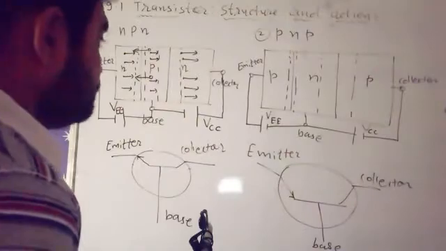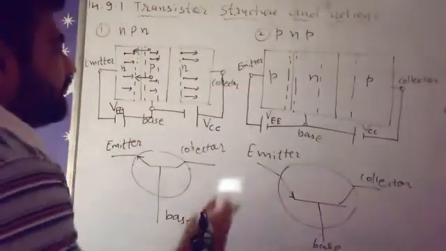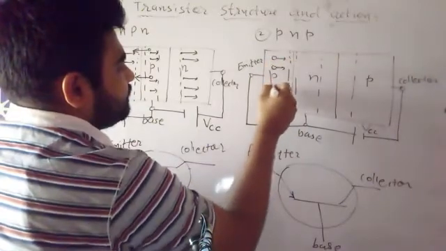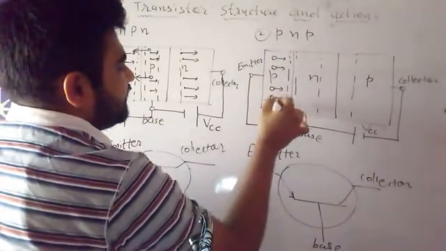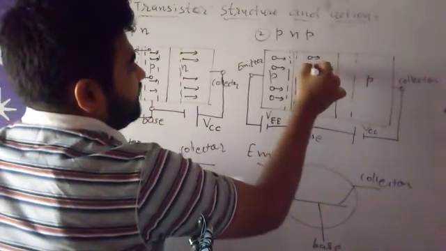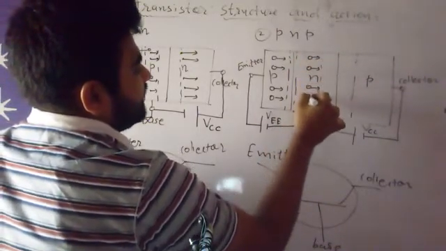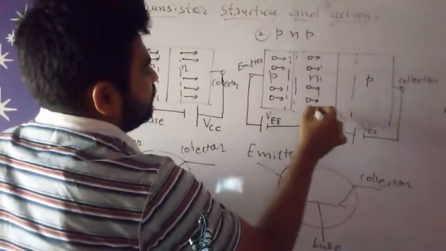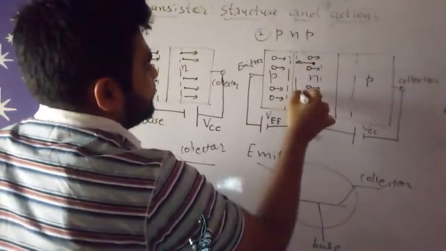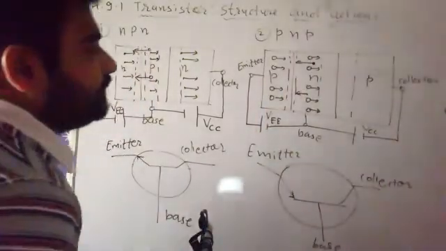Similarly here, because of the P type semiconductor, we have more holes. In the base we now have more holes than electrons. Electrons are moving in the backward direction, and there are very few electrons now.